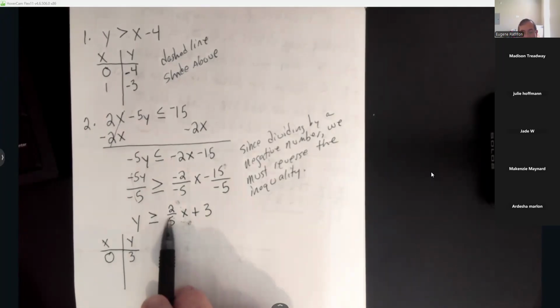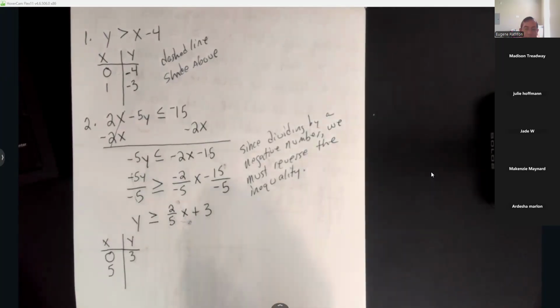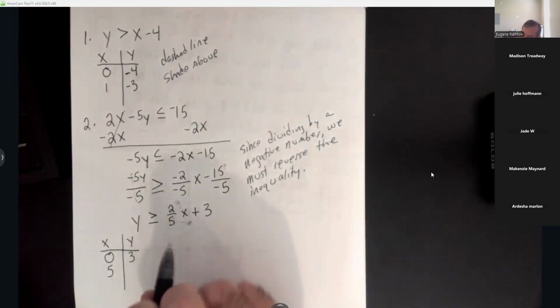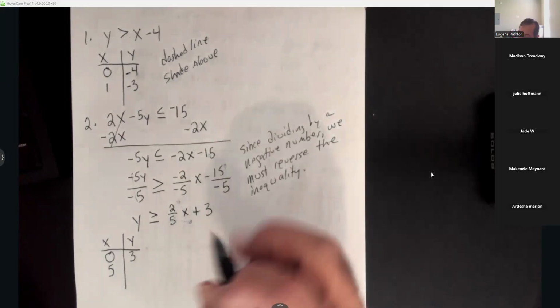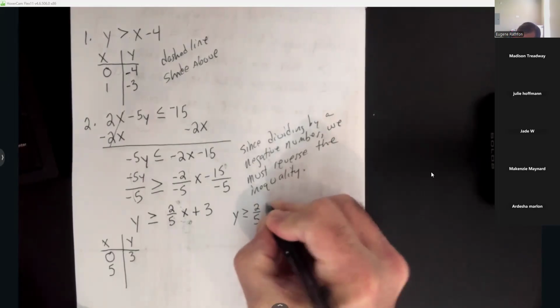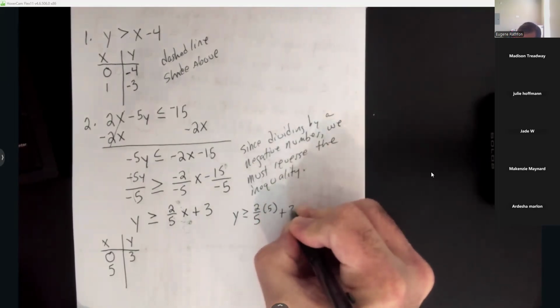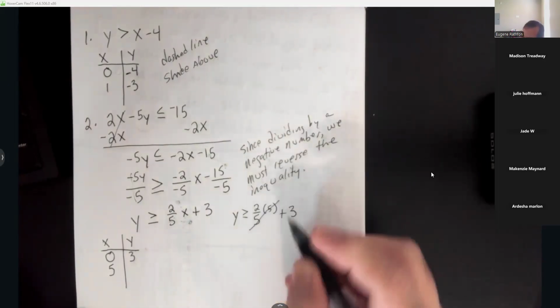Now, my second number, what I'm going to do is pick a 5. Because y'all, if I put a 5 in for those x's, that 5 and that 5 would cancel. So y'all, it would look like this. When you put the 5 in for the x, they're going to cancel.